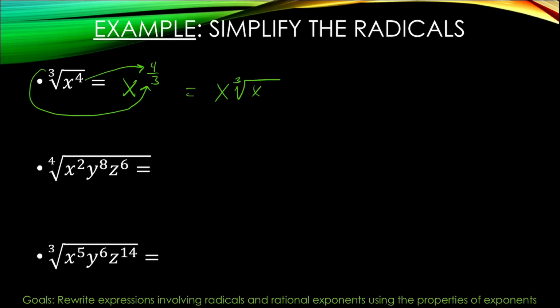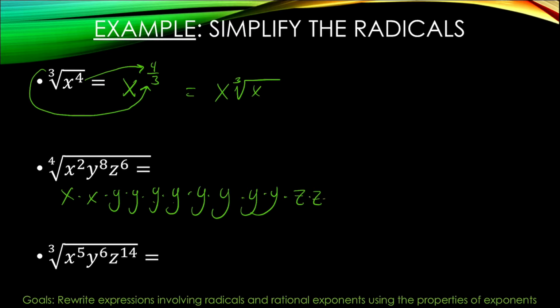Let's see, I can have x times x. We have 8 y's, 1, 2, 3, 4, 5, 6, 7, 8. And then 6 z's, 1, 2, 3, 4, 5, 6.